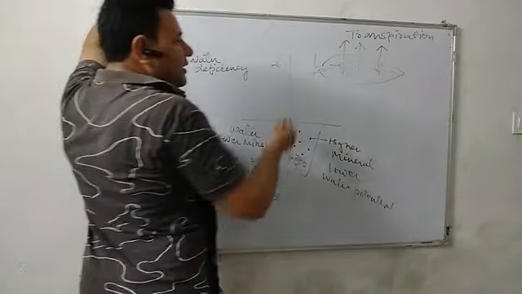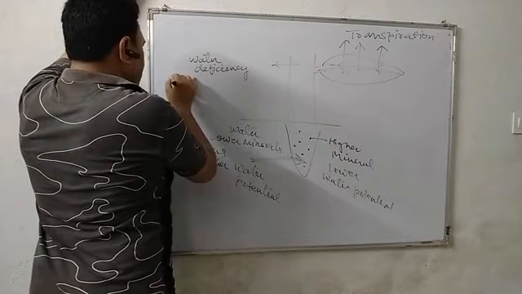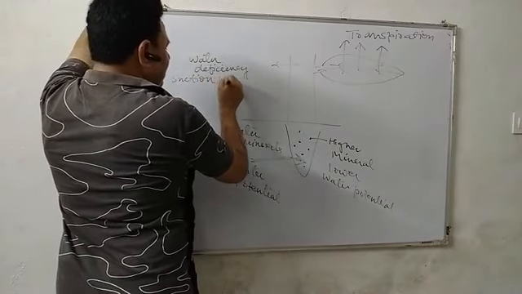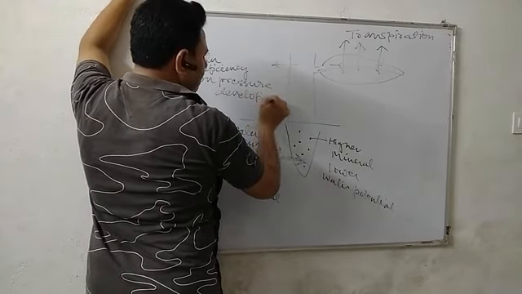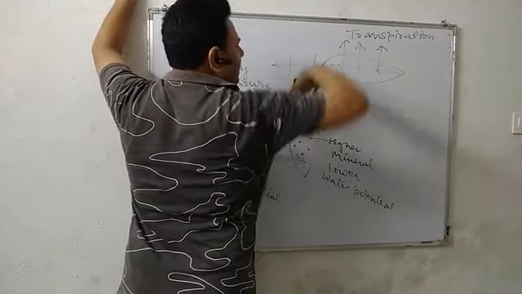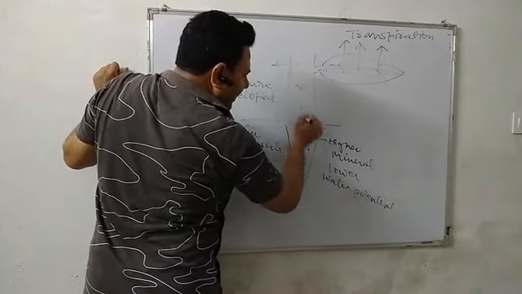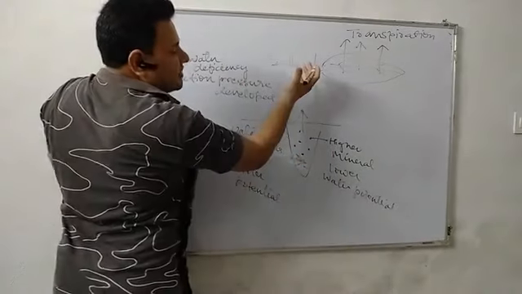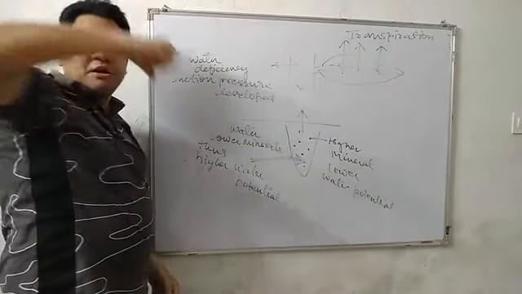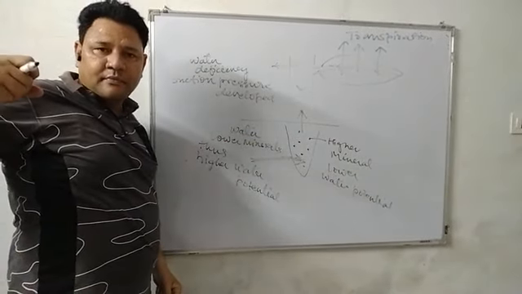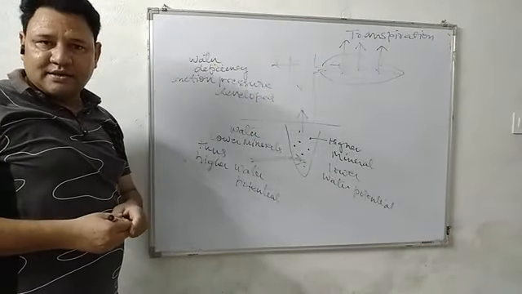Therefore, a suction pressure developed. It will suck the water. So here what happened? Already in the root, because of root pressure, some water is going in, and because of this suction pressure, again this water is being pulled up. And therefore, water will reach the aerial part of the plants.